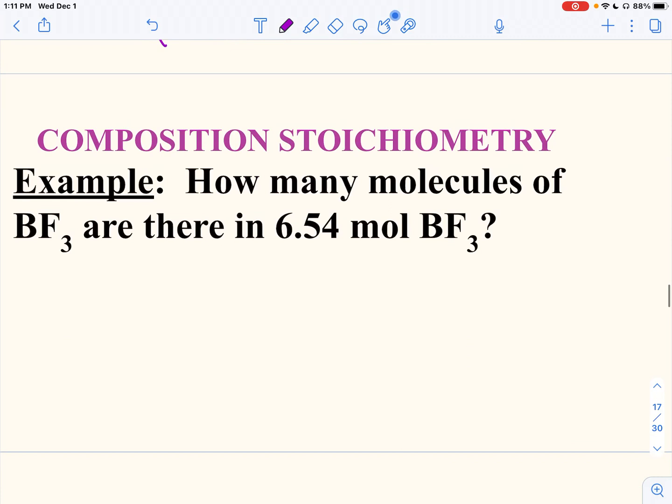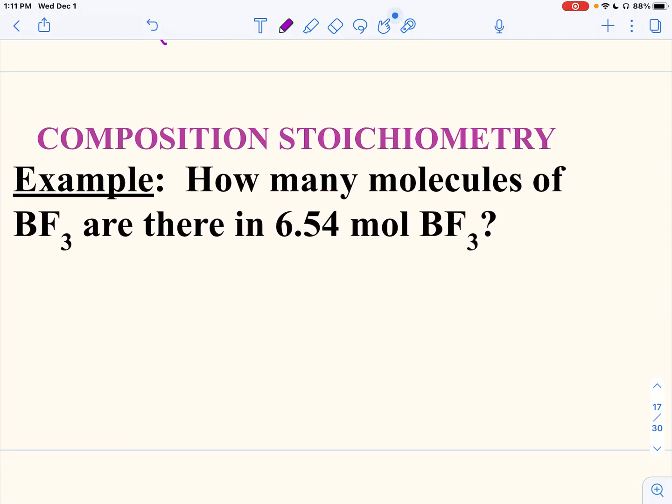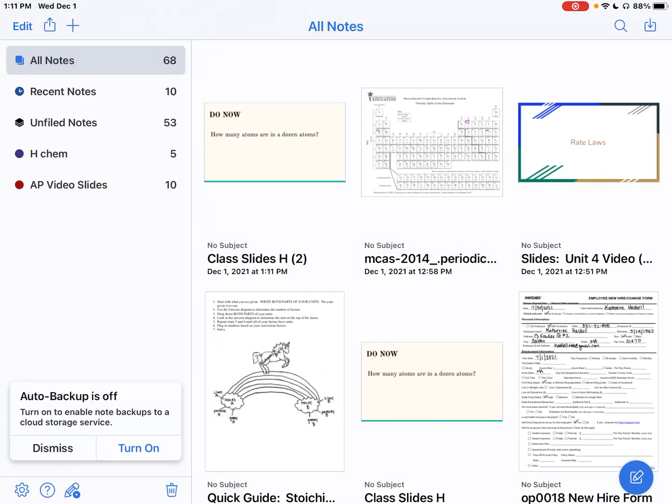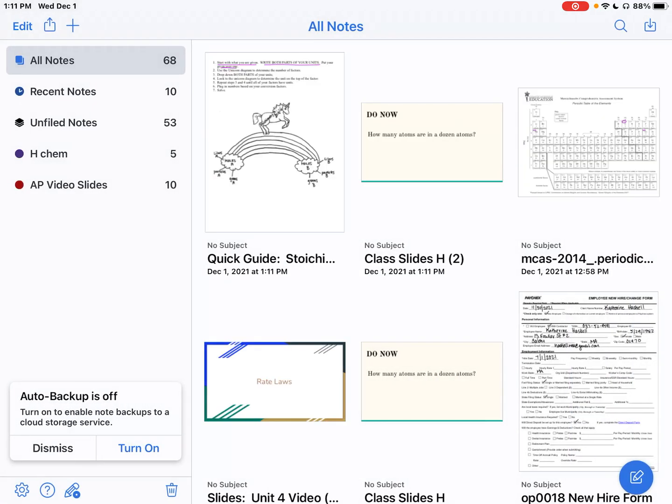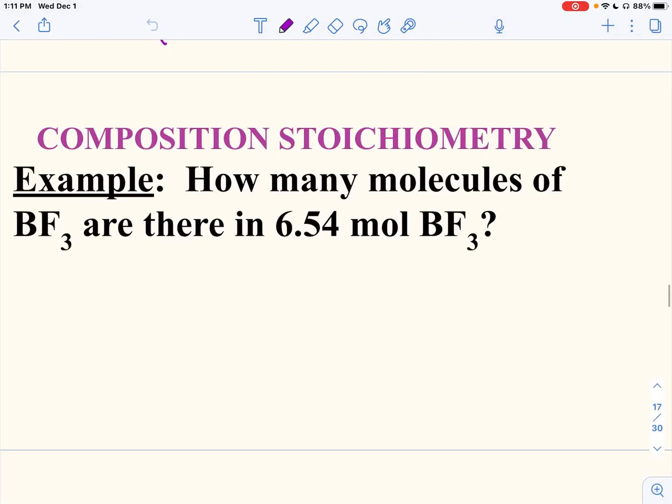So we're going to do this first example, and I'm going to go pretty slowly through this first example and make sure you know how to use all of the stuff on the quick guide. So the first step on your quick guide says start with what you are given, write both parts of your units, and put your given over 1. This should start to look pretty familiar because we did this for our metric conversions when we learned dimensional analysis.